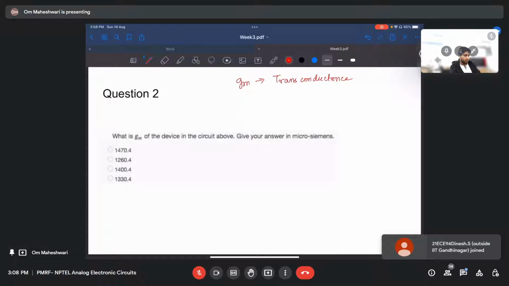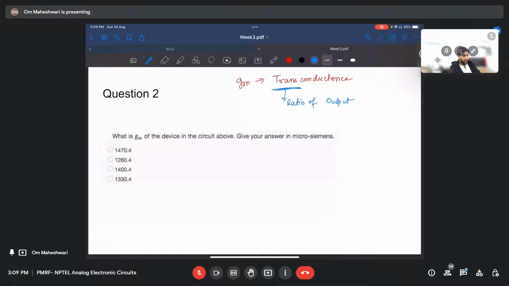Any trans quantity is always the ratio of output by input, and since it is conductance, it will be output current by input voltage.